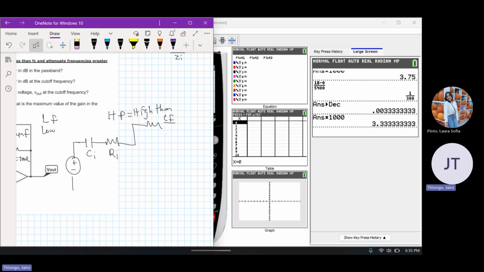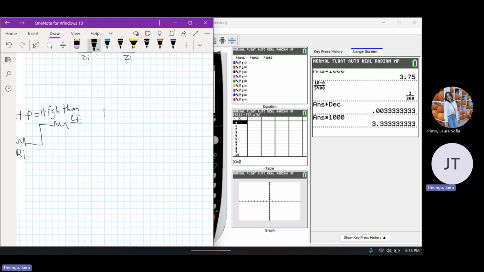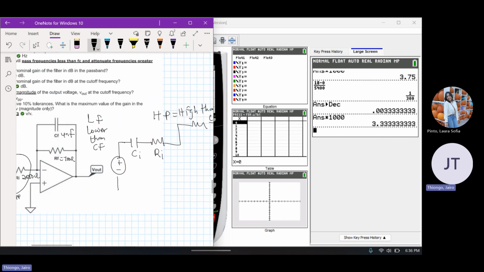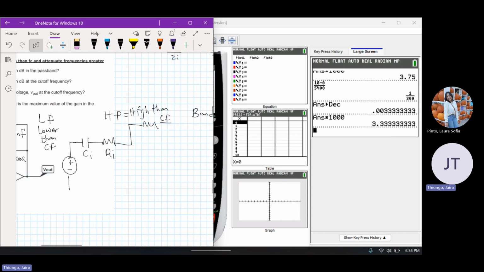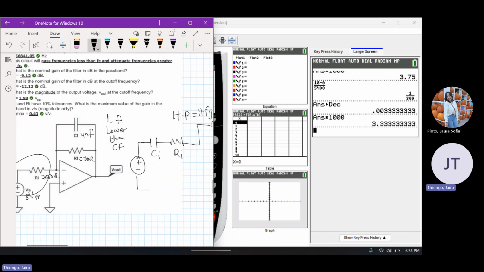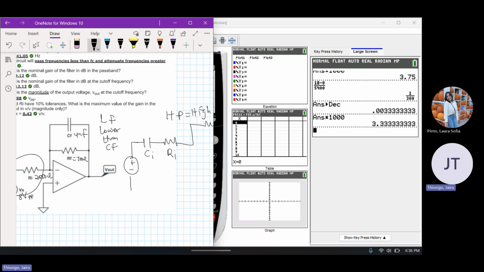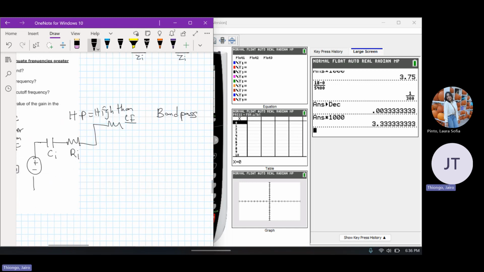This one, the low pass filter, allows signals with a value lower than the cutoff frequency to go through. And the bandpass is essentially a combination of these two features. A bandpass will have this configuration here, and it will also have this configuration here, so you'll have both in the same circuit.